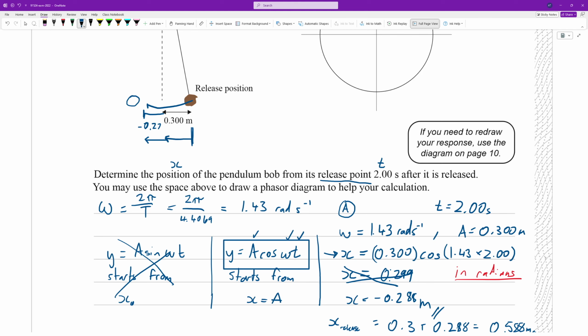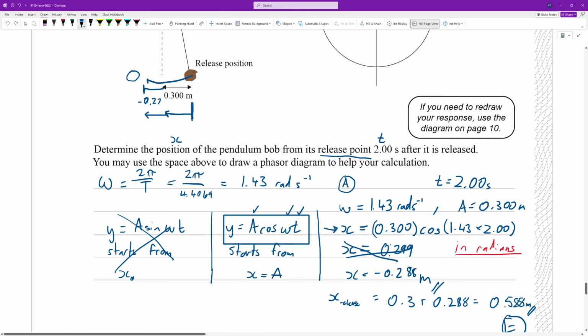And so if you stop there, that would be a merit, and the final point would then be to add 0.3 meters because it asked the distance from release point, as opposed to distance from rest position. So just be careful on that last bit. And of course, we did it in radians.